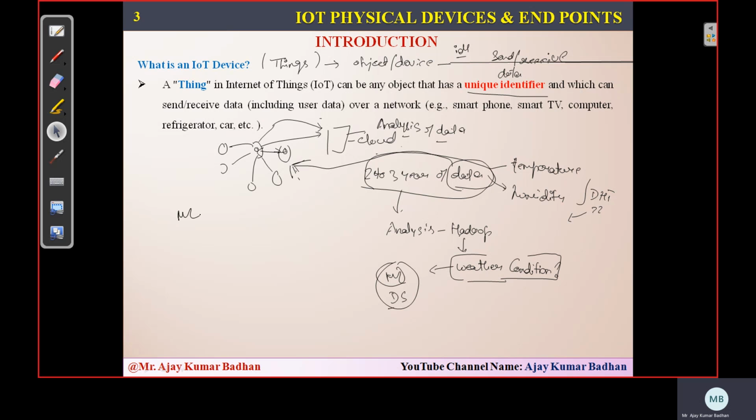Whether you want to work on machine learning, cloud computing, or data science, whatever topic you take up, the groundwork, the data gathering work, will be done by IoT. So people should know about that.